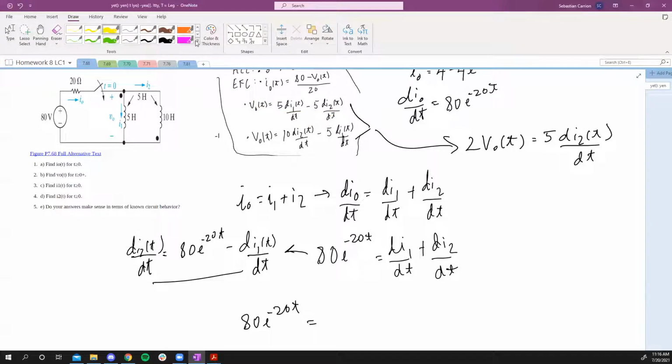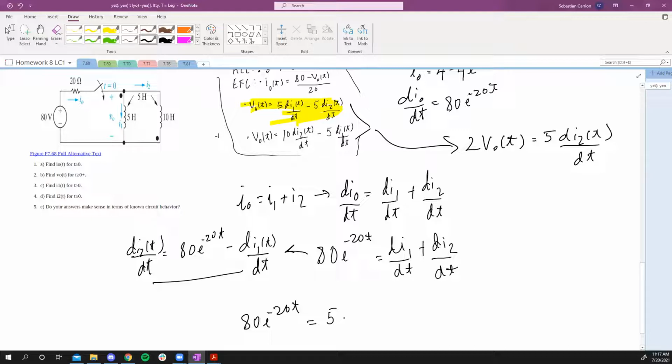Here's the highlighter. There, back into this equation right here. There are two ways to go about it. You can solve for this one or this one. So 80e to the negative 20t equals 5 di2/dt, just make them a function of one of these unknown constants or variables.